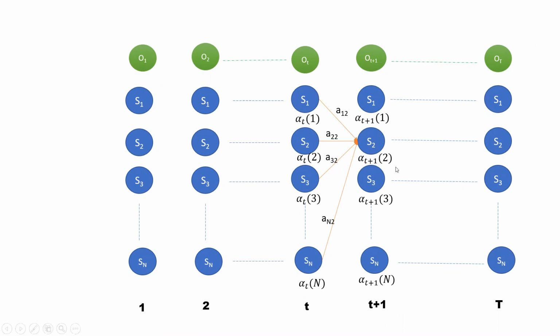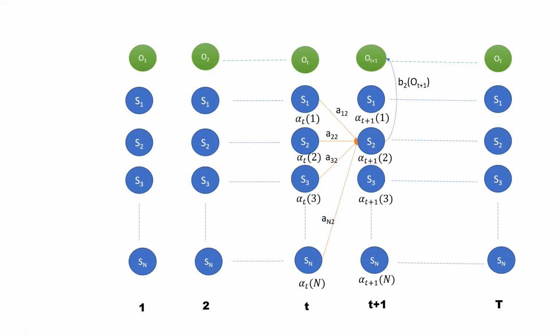So this probability alpha t plus 1 of 2 is equal to alpha t of 1 into A12, that is the transition probability from S1 to S2, plus alpha t of 2 into A22, that means the transition probability from S2 to S2, plus alpha t of 3 into A32, plus etc. up to alpha t of n into An2. So the sum of all these probabilities gives this value.